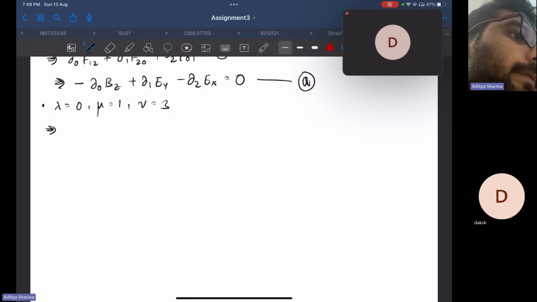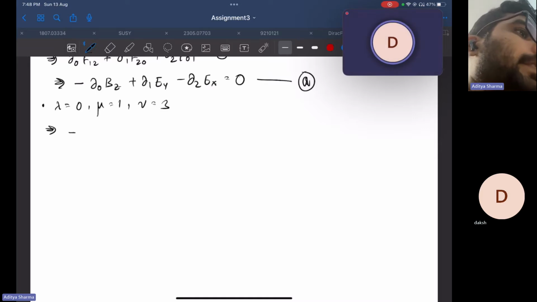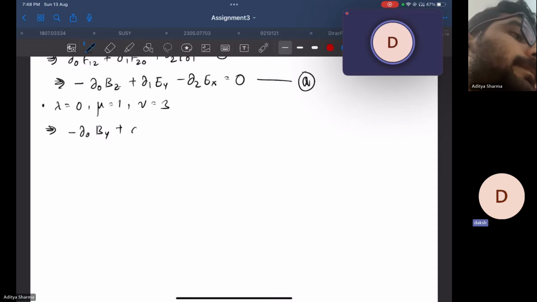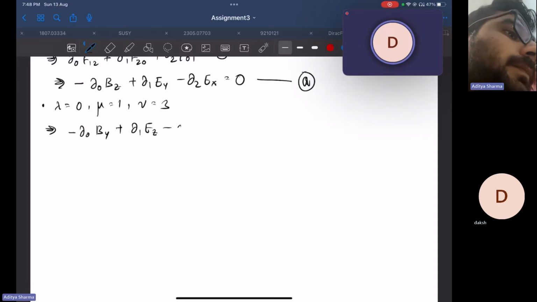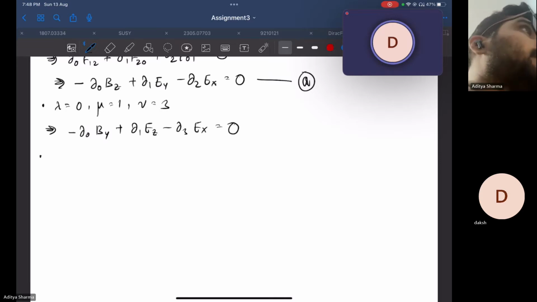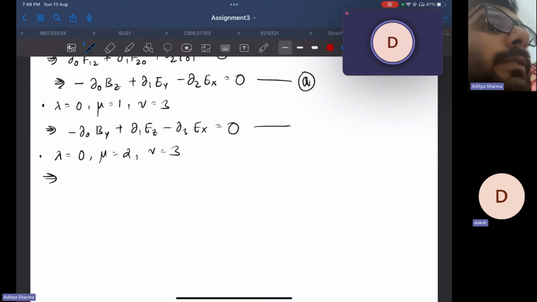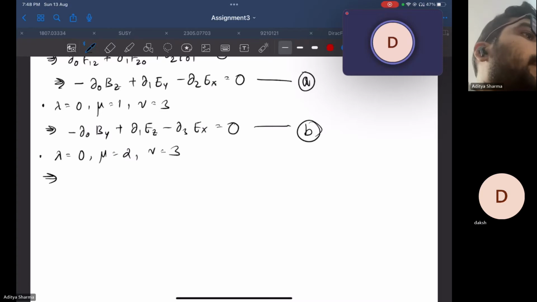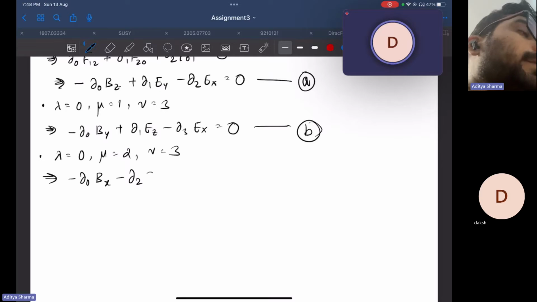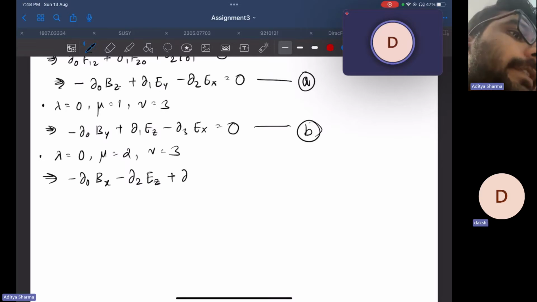This will give you minus d0 By plus. Lambda equals 0, mu equals 2, nu equals 3. This will give you minus d0 Bx minus d2 Ez plus d3 Ey.